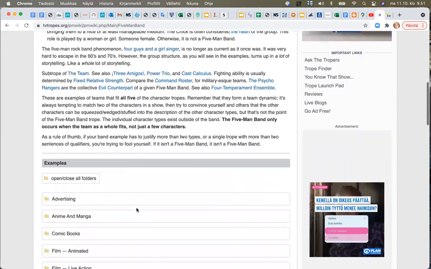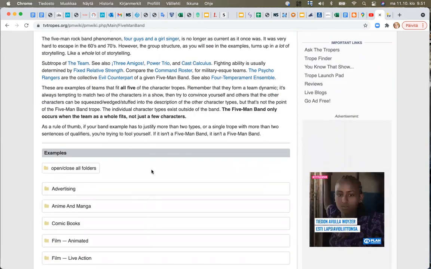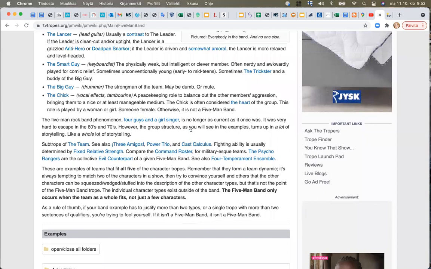And also many of the examples don't go typically to this trope as such.